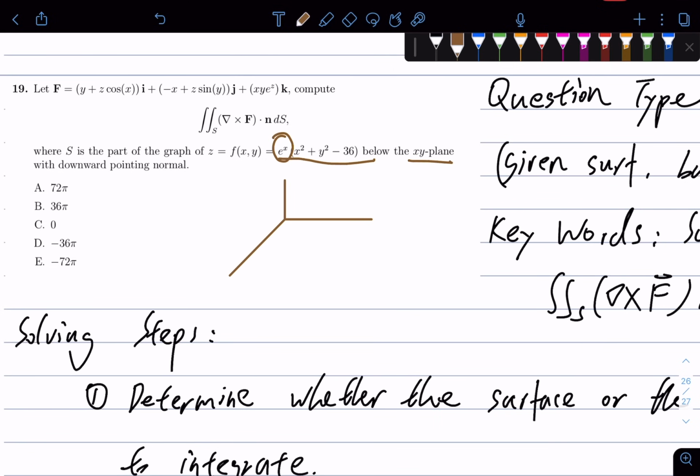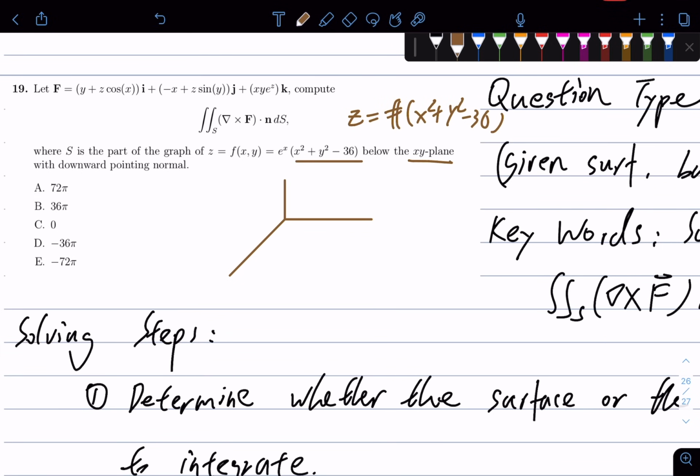It gets bigger, it gets smaller. But I'm just going to focus on this part, so let's say z equals some number times x squared plus y squared minus 36.